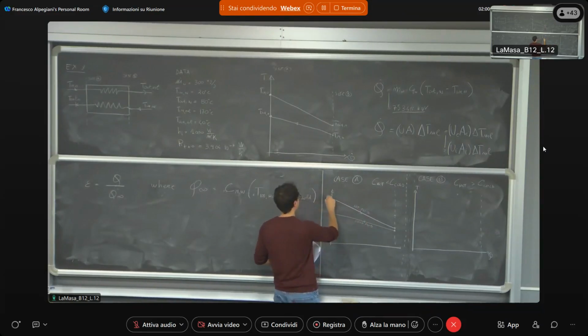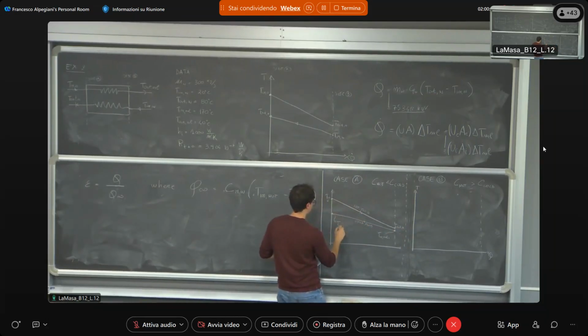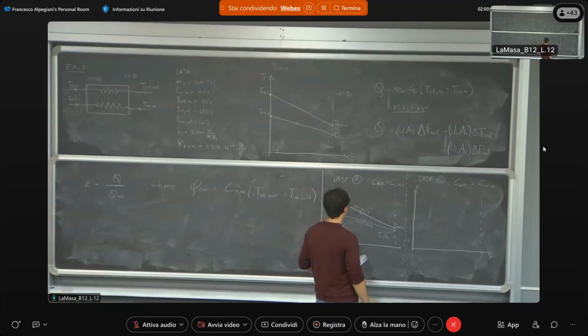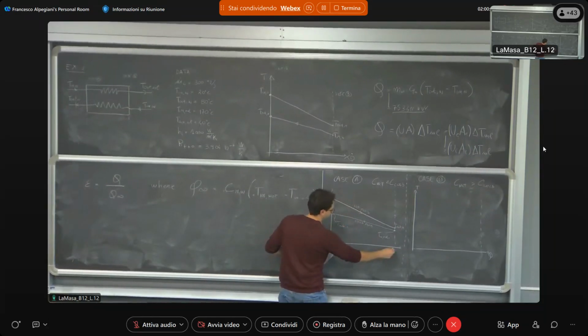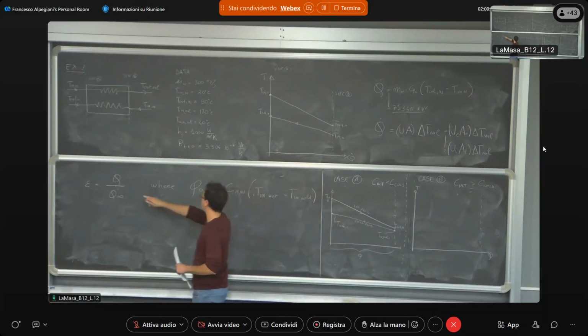Okay, so this is T in hot, T out hot, T in cold, and T out cold. So this is the real thermal power exchanged, what we call Q, in the form of the effectiveness.